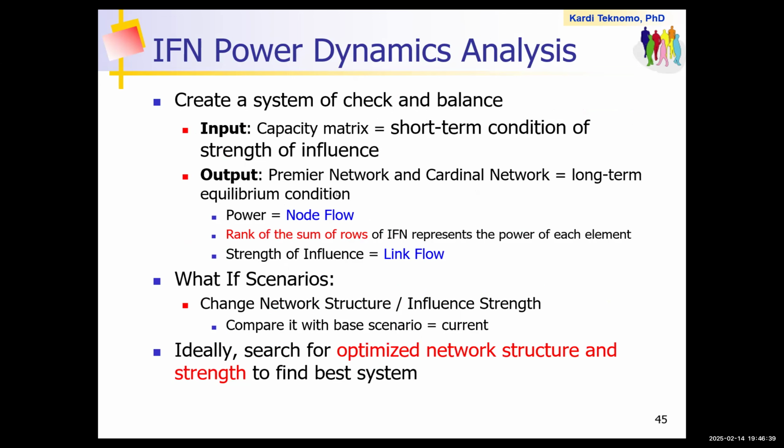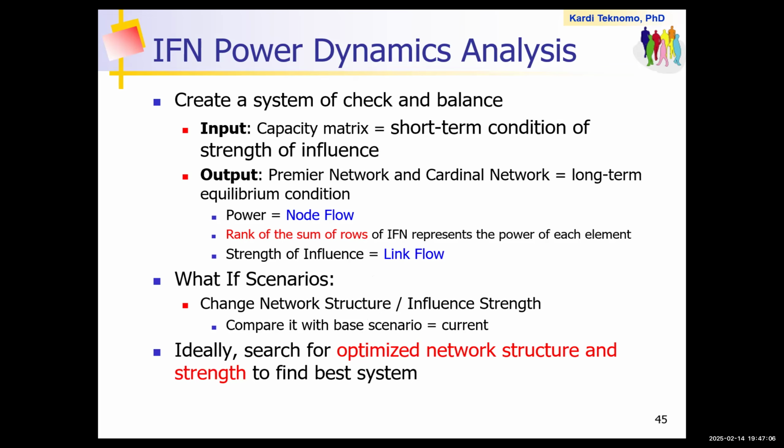So you get the premier network or cardinal network. Remember, once you get the premier network or cardinal network, check the node flow, the sum on the right side or at the bottom. That represents the power. You can get the relative flow of the nodes, which represents the power. And then after that, you can change the network structure or the influence strength.